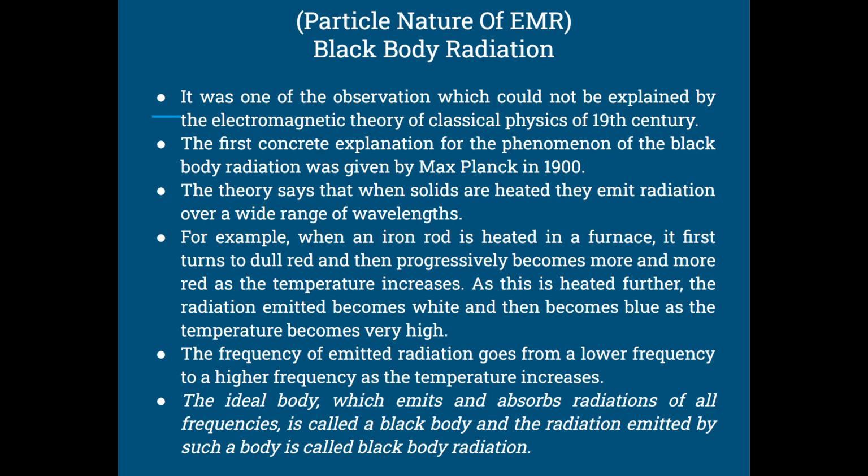So keep this point in mind: as temperature increases and radiation is emitted by a substance, the frequency of those radiations increases because the wavelength is decreasing. You can keep in mind the example of iron.